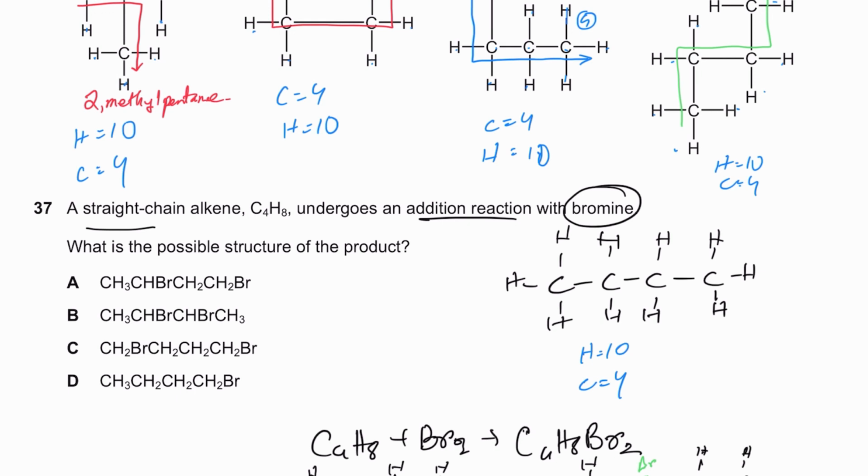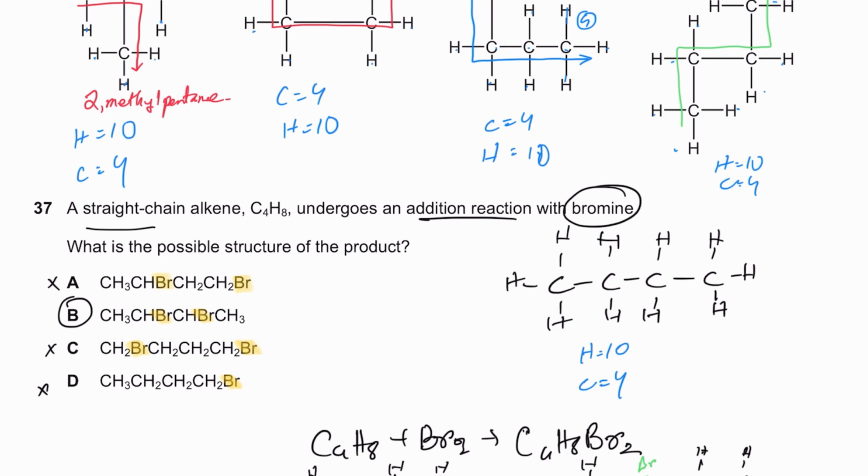Okay, so now let's take a look. The bromine are very far apart from each other, so this cannot be a correct answer. Again, the bromine is closer to each other, so B could be a correct answer. The bromine is very far apart from each other, so this is a wrong answer. And there's only one bromine over here, so this is a wrong option.